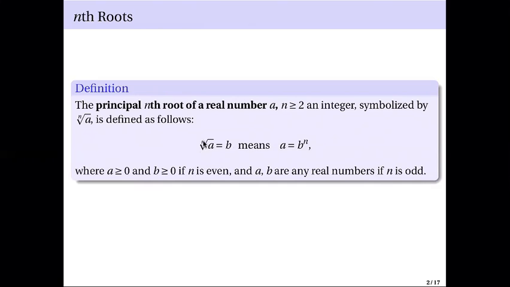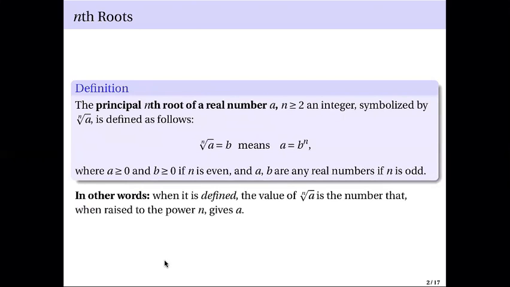Okay, so again, we have nth root of a equals b, means that a is equal to b to the n, where a and b are greater than or equal to 0 if n is even, and a and b are any real numbers if n is odd.